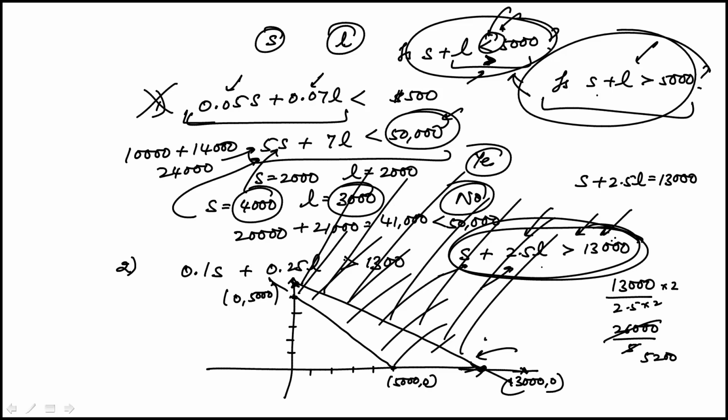And the way you know that is by using the origin, because if you plug in 0, 0, you'll see 0 is not greater than 13,000, which means 0 is not in the shaded region, which means the other side has the solution.